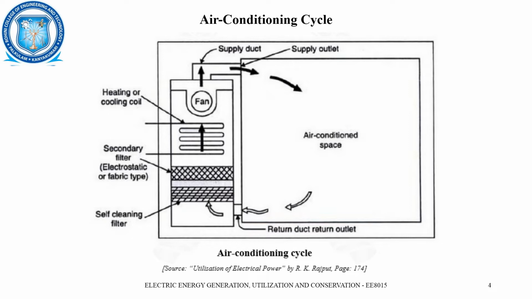The fan will be used for circulating the cool air inside the room, and while passing through the fan its circulation will improve. After this improvement in the circulation, it is passed through the supply duct, and through the supply outlet it is sent to the room space. This is how the air conditioning cycle takes place.